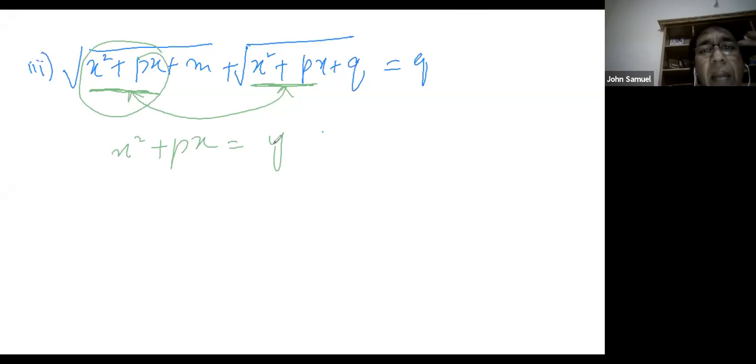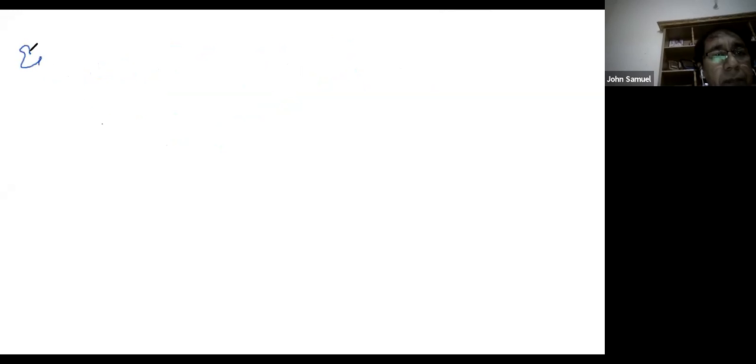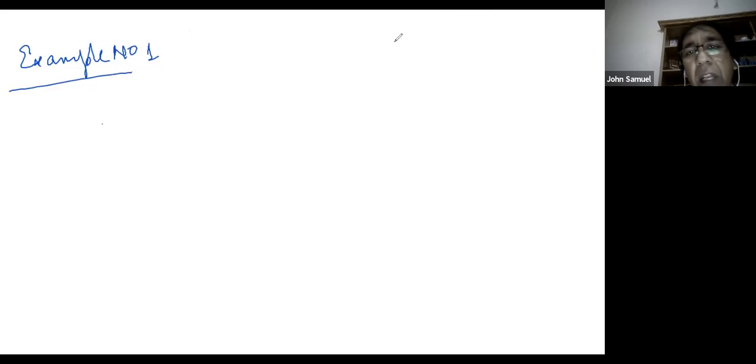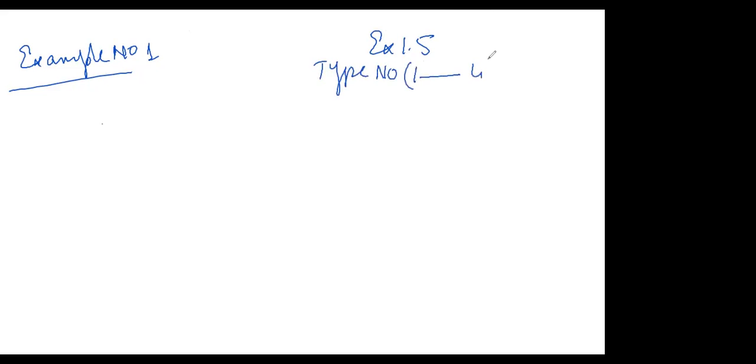Once again, I'm taking you back so that I can start with the first one, then move to the second one slowly, and then the third one. The first type, example number 1. This example is from exercise 1.5, which you can solve. For the first type, questions 1 to 4 are similar.